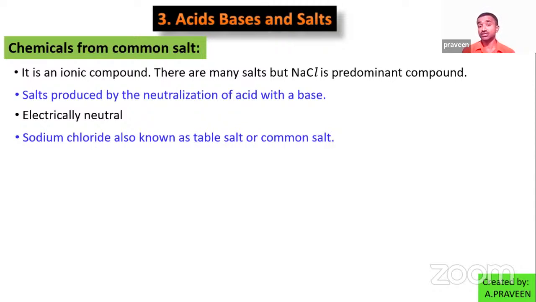This salt is produced from seawater, and also this salt may be available as deposits. A deposit means something like the mining of coal. Just as we get coal from mining, this salt is also obtained from mines located in different states in the northern region.